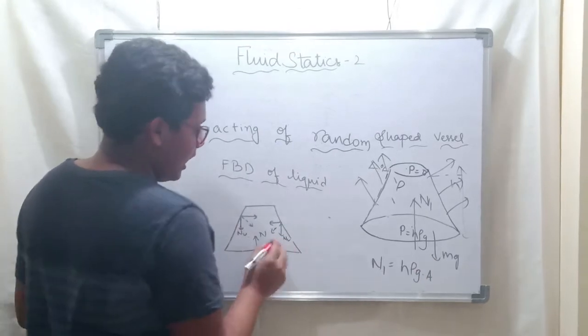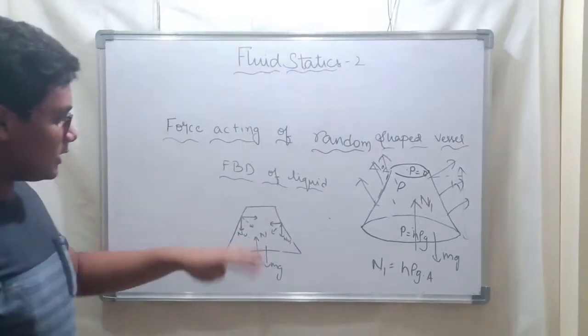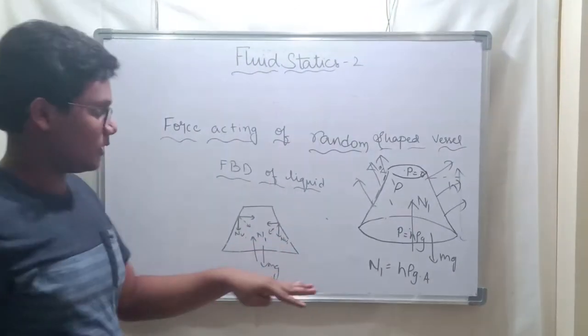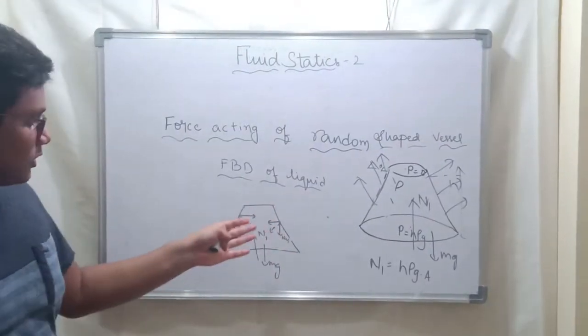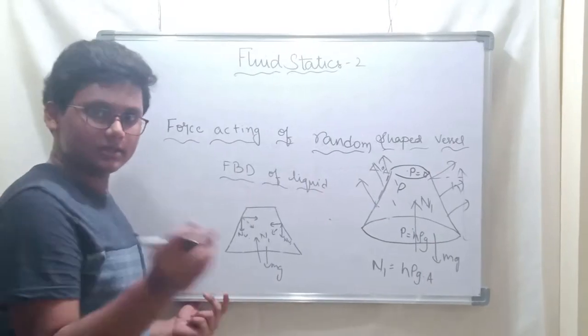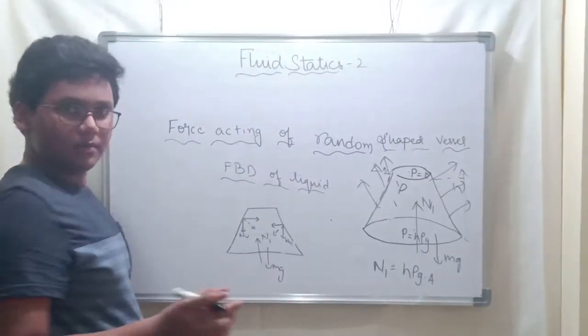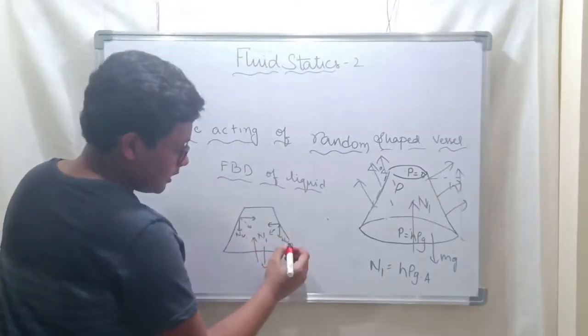Resultant is NV1, like that. We'll take all the resultants. It is also similar to the last one, outward inclined, but some signs will change. Positive sign and negative sign will come here.